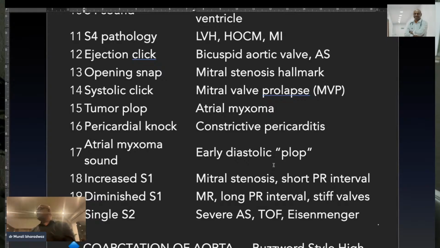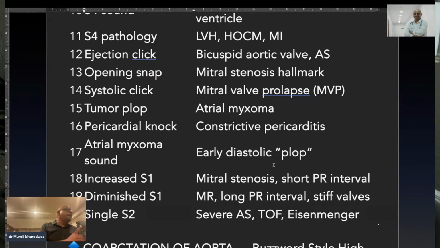Mid-diastolic rumble is the hallmark of mitral stenosis: lub, dub, drrr. When the atrial blood is walking into the ventricle, the stenotic valve will lead to a mid-diastolic murmur.